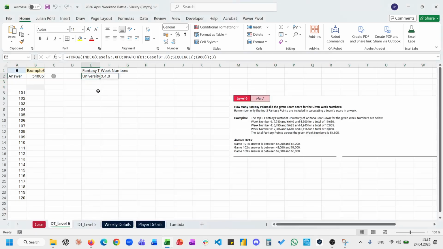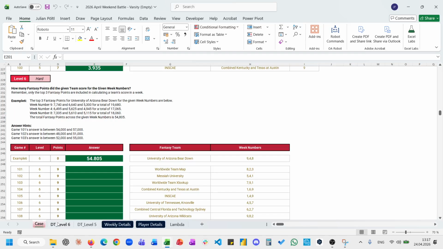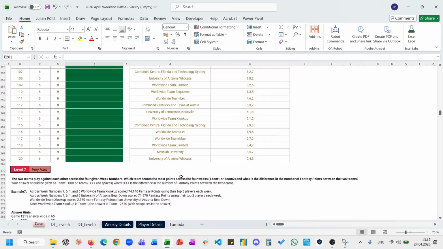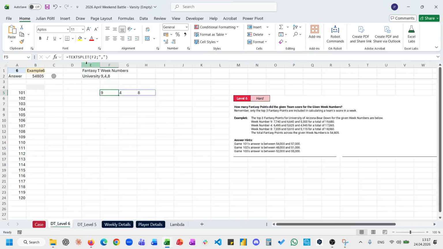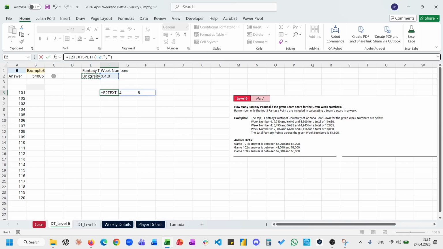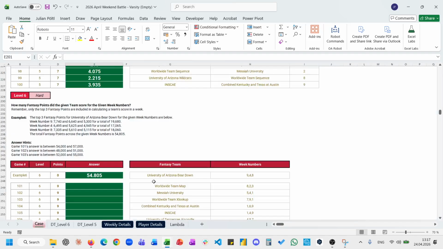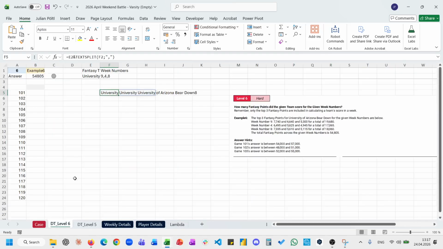Although it's basically not necessary. Although you only have, yeah, let's do this. TEXTSPLIT here into columns. Others always 3. Yeah, so basically it was not necessary. Team and score. These scores are mixed.